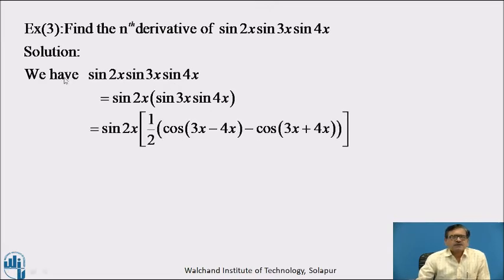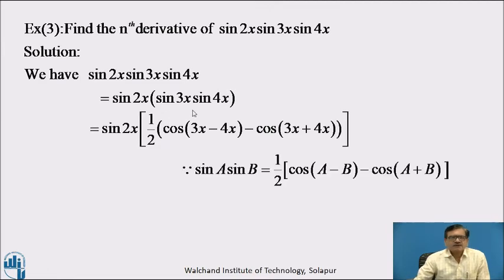Now keeping this sin 2x as it is and using the formula of sin A sin B. See here we have sin A sin B equal to 1 half of cos A minus B minus cos A plus B. Here A is 3x and B is 4x, that is cos of A minus B means cos of 3x minus 4x, minus cos of A plus B means cos of 3x plus 4x.